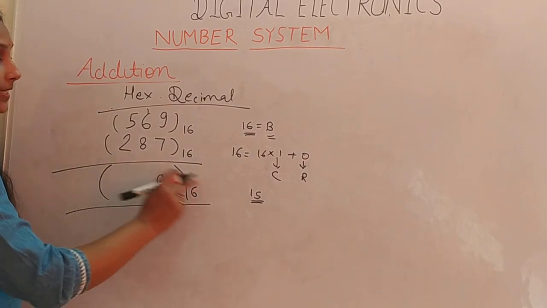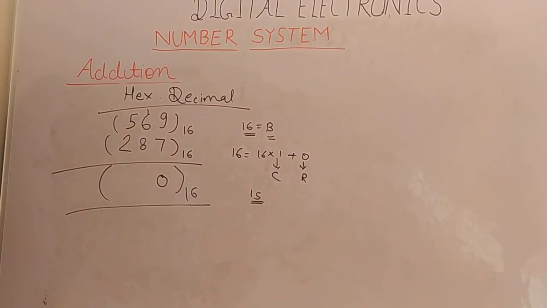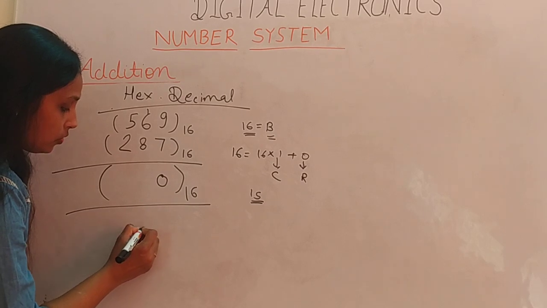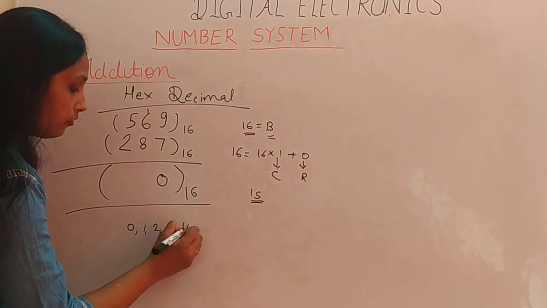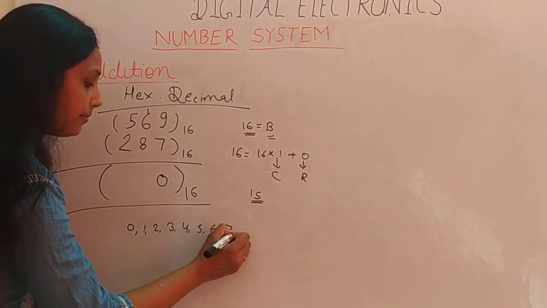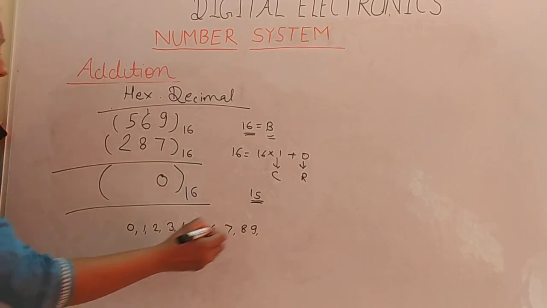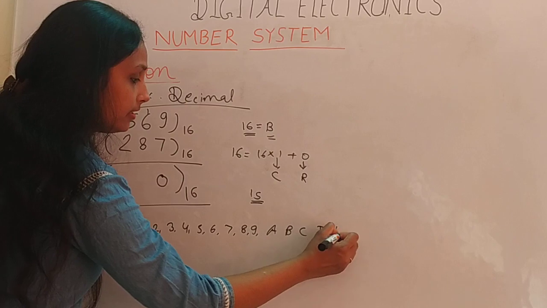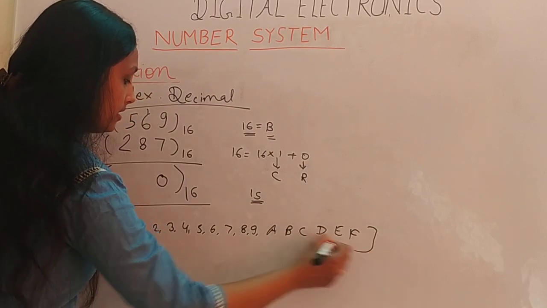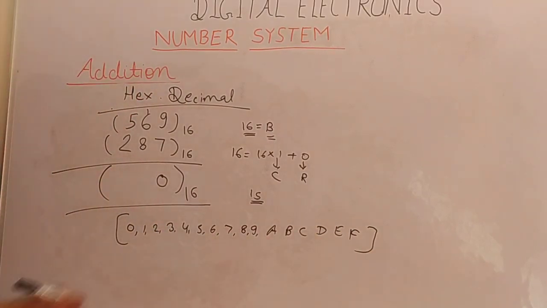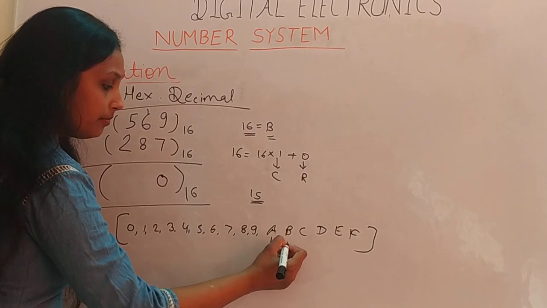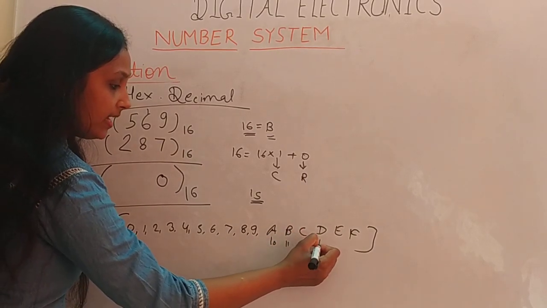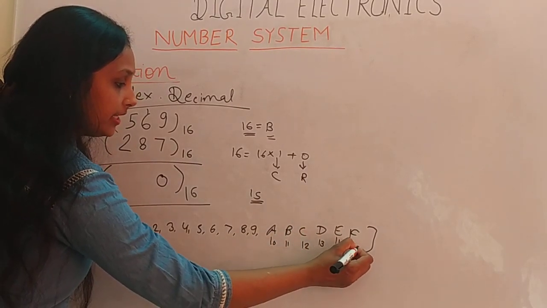To understand it, first we write the hexadecimal digits: 0, 1, 2, 3, 4, 5, 6, 7, 8, 9, then A, B, C, D, E and F. Here A means 10, B means 11, then 12, 13, 14 and 15.